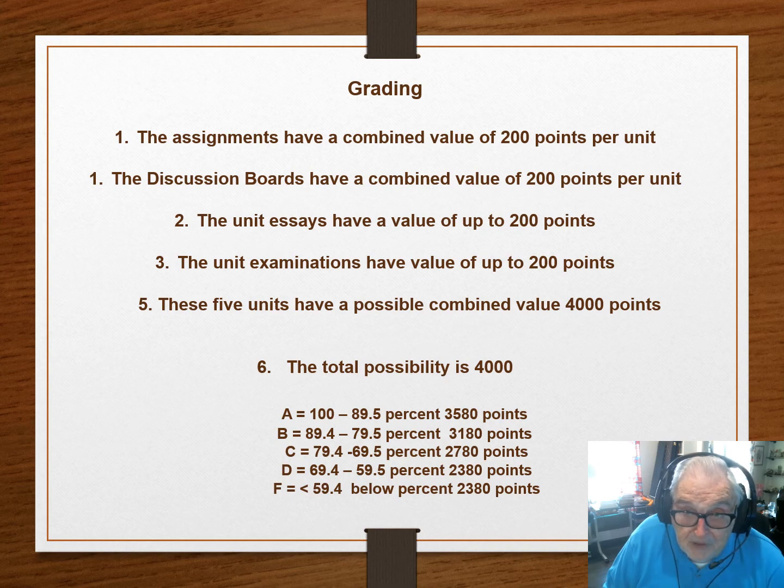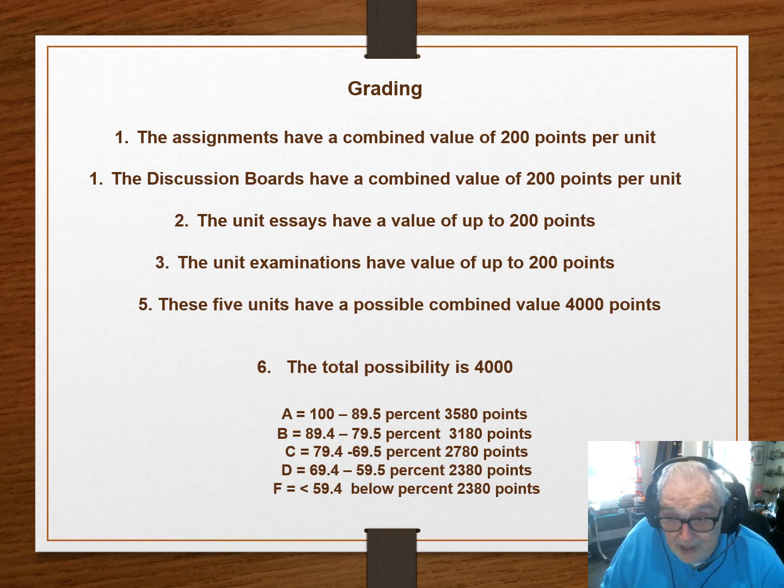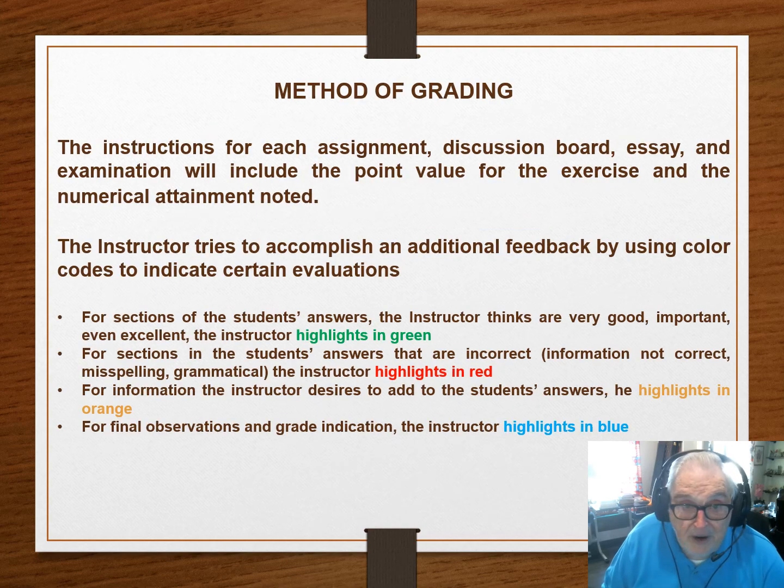Remember, 30 points for statement, 10 points for response to other students. The unit essays have a value of up to 200 points per unit, as does the examination. That makes a total of 4,000 points. The 4,000 points below gives you the breakdown of how many points earns what kind of a grade, and you can easily keep track of your grade that way.